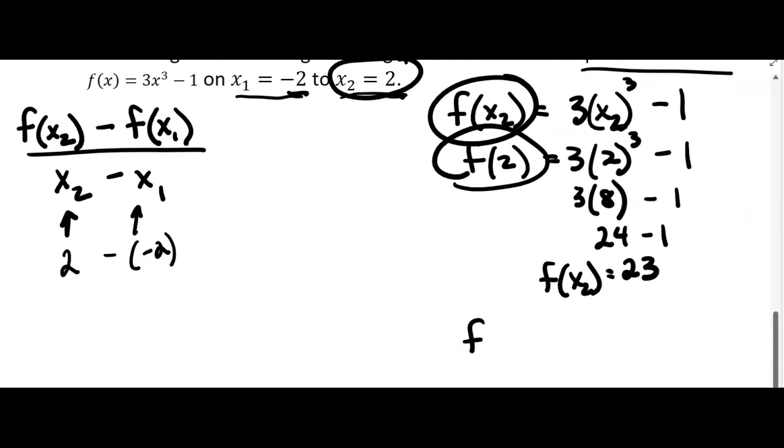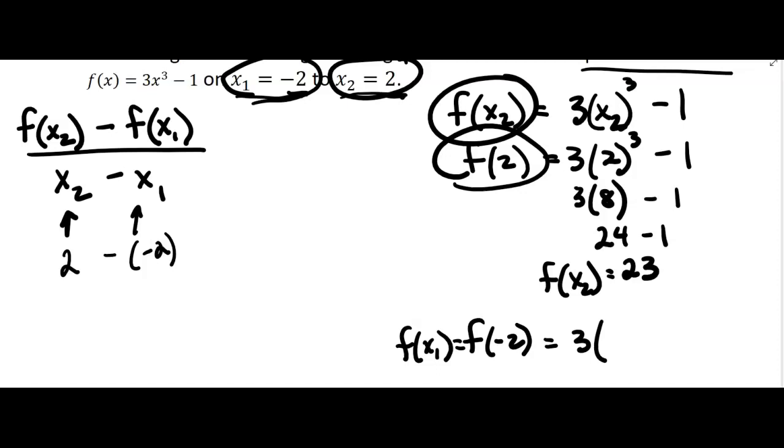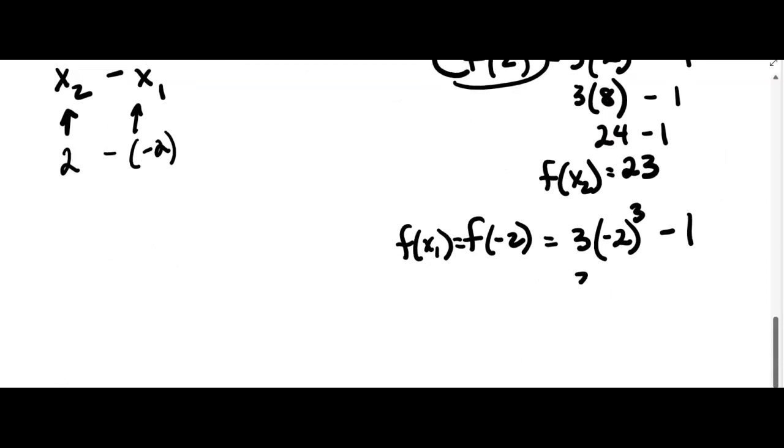Now you have to find the other one where it's negative 2. So you have to find f of negative 2. That's going to be f of x sub 1, because x sub 1 was negative 2. You're using the same function, but you're putting in a negative 2. So you're going to cube that negative 2, and that's going to give you negative 8. And then you're going to have negative 24 minus 1, which is negative 25. Okay, so we have all the pieces to the puzzle. We just have to put everything where it goes.